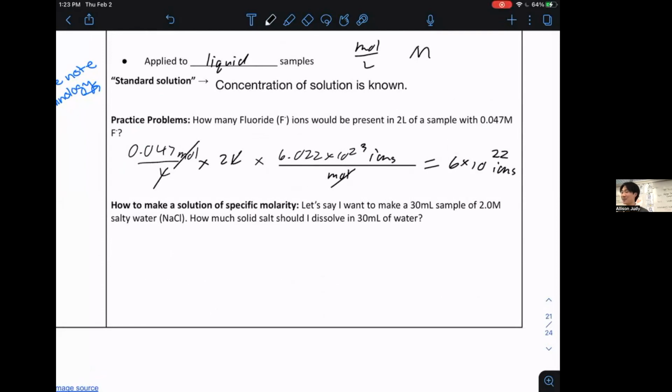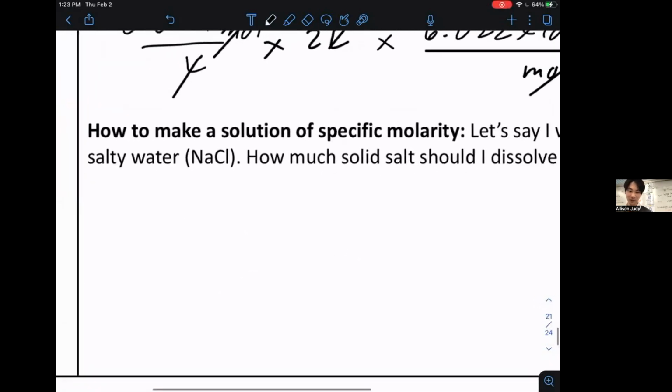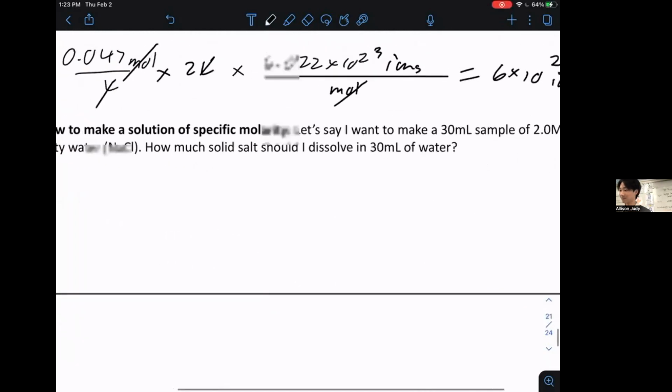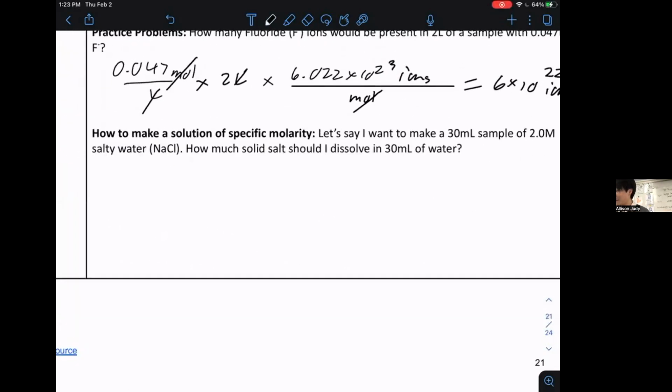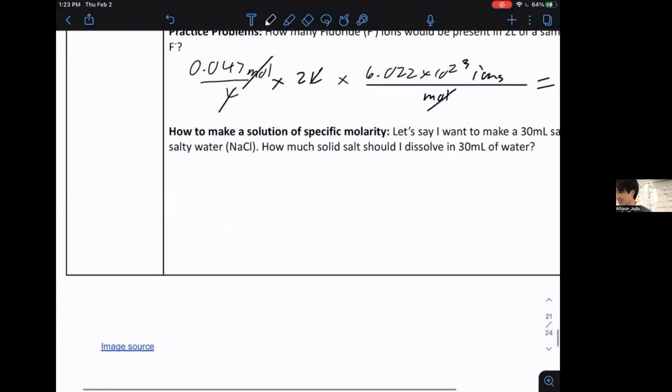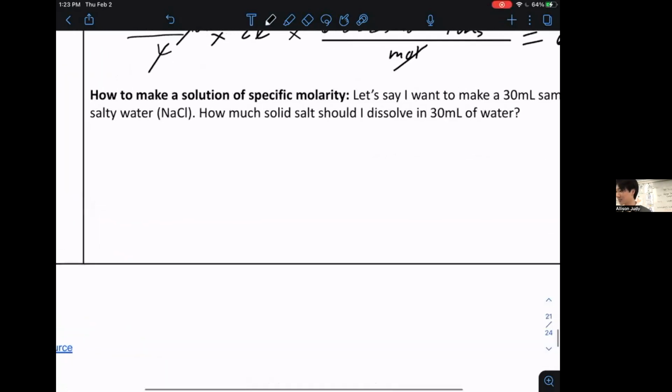Let's say I want to make a 30 milliliter sample of 2 molarity salty water, NaCl. How much salt should I dissolve in 30 milliliters of water?